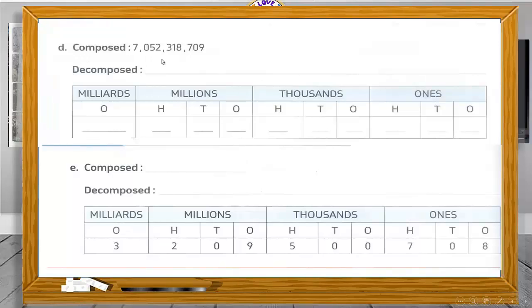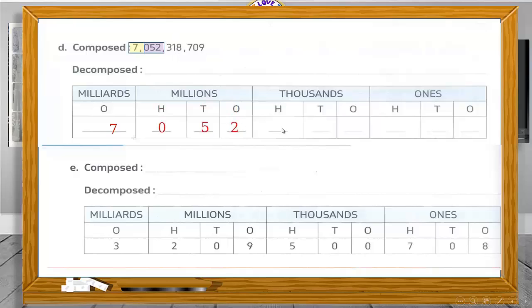Next one, compose. He gives you number in a standard form, and you should write in the first in the place value chart. After that, decompose the number. We have how many periods? We have 7 million. That means we have 4 periods. 1, 2, 3, 4 periods. In a second period or in millions, we have 52, 0 in hundreds, 5 in tens, and 2 in ones.